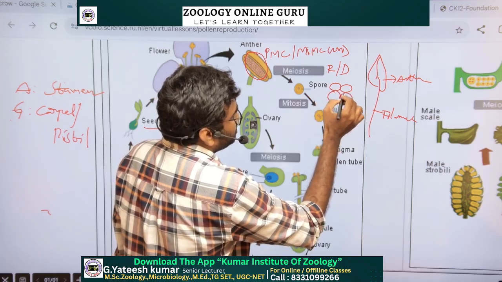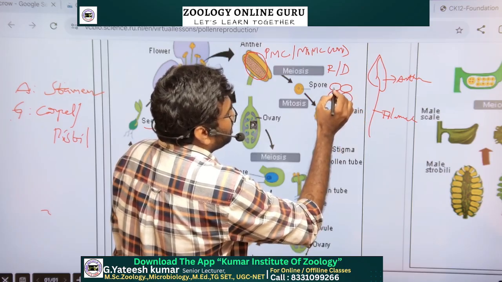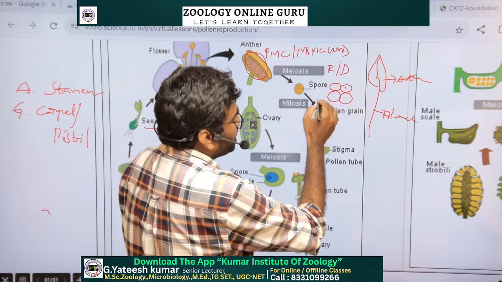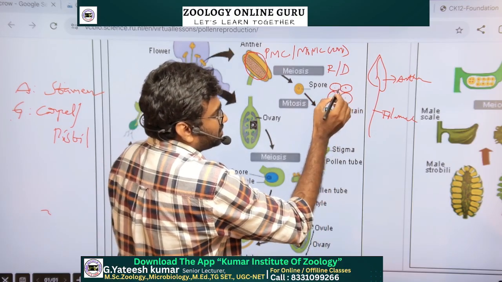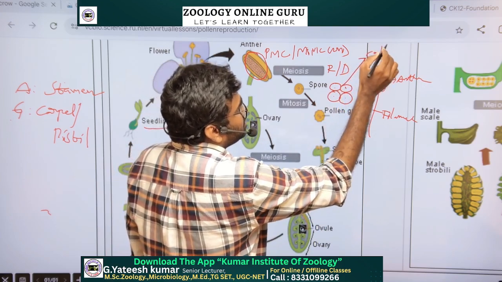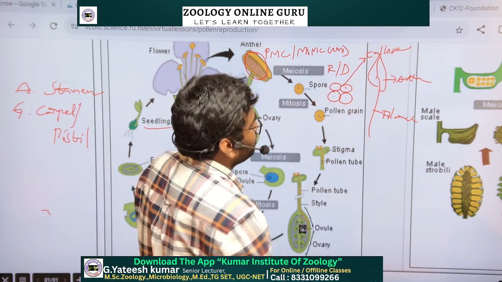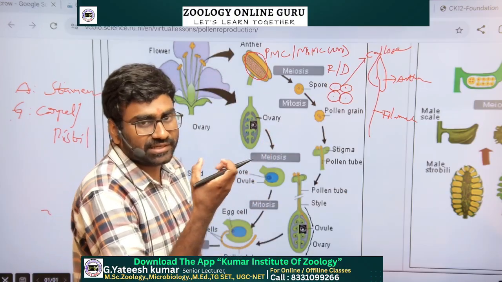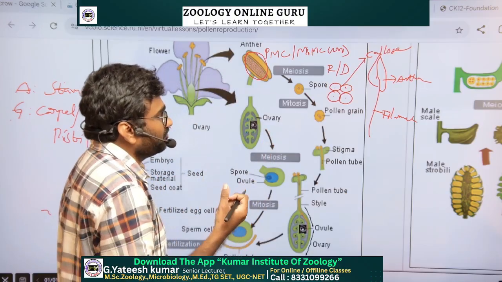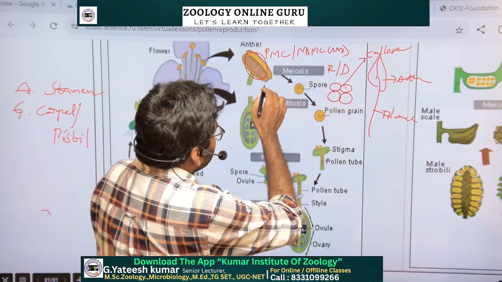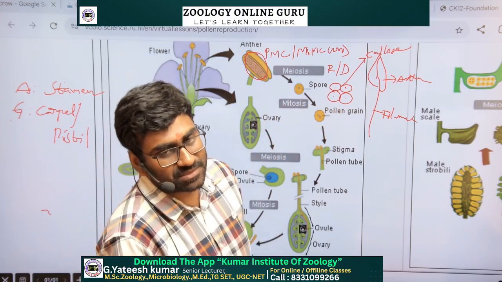These haploid microspores are all associated together with the help of a substance known as callose. So callose makes these microspores attach together, right? And in the microsporogenous tissue, the tapetum is present.